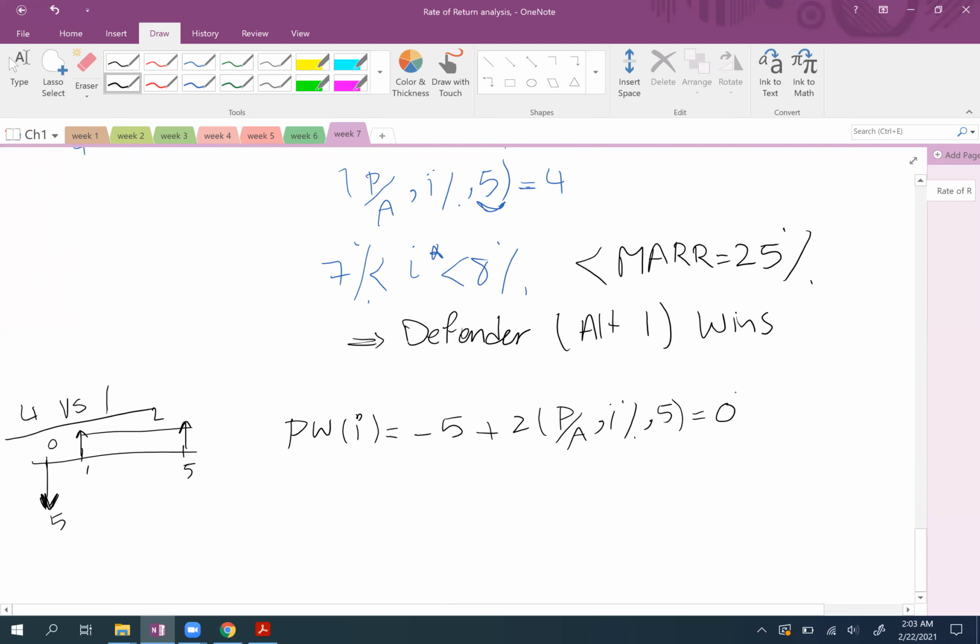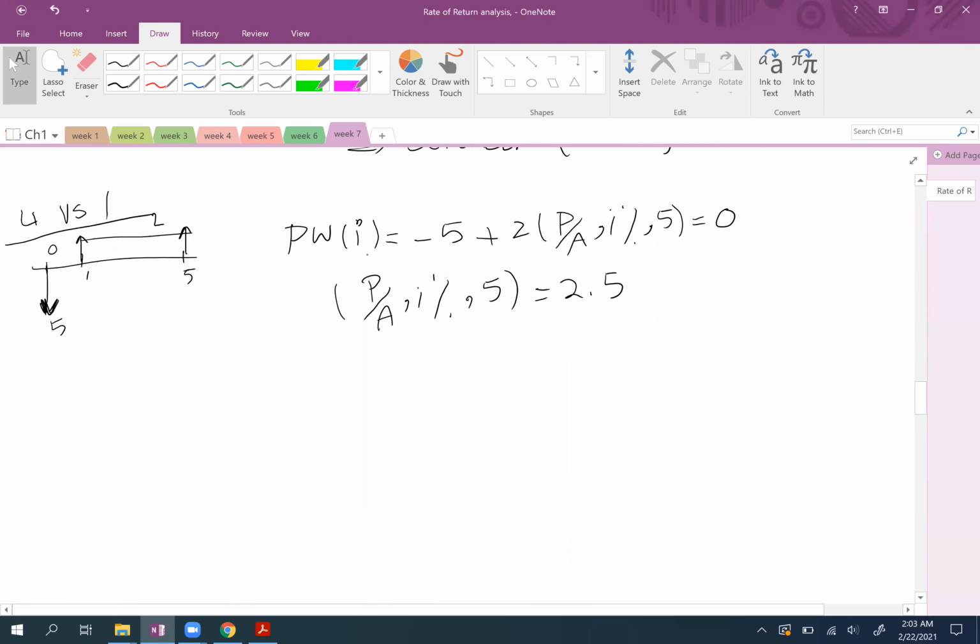Then I need to find the value of the factor, which will be 2.5. I will follow a similar approach that I did for the previous one, walk over different tables and see for which value P given A when N is equal to 5 is closer to 2.5.